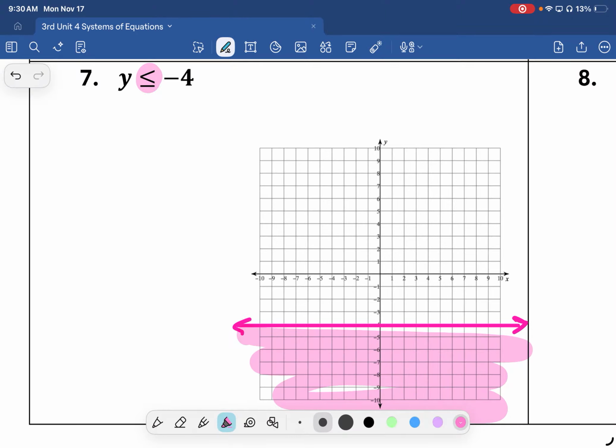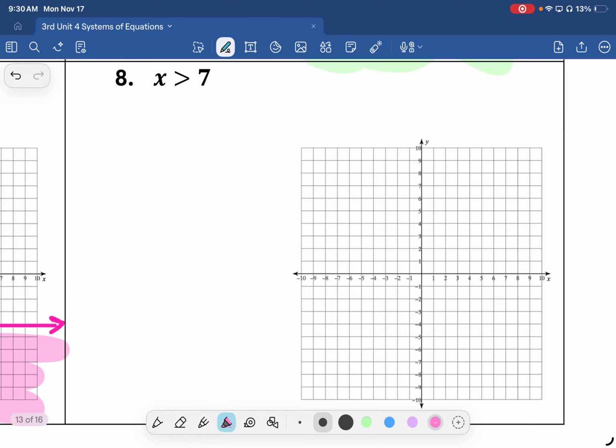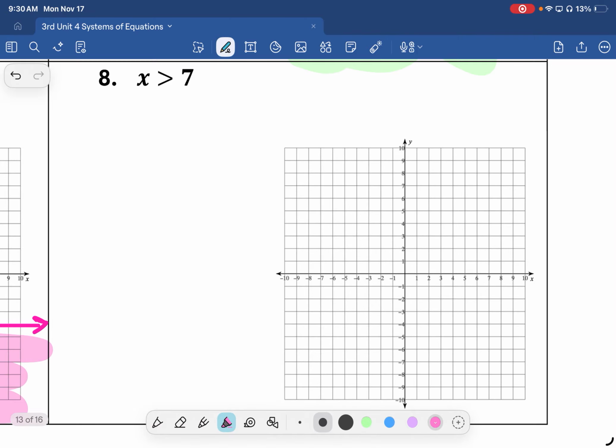Now, we're going to look at number 8. Number 8 is the line x is greater than 7. If we just had x equals 7, is that a horizontal or a vertical line? Vertical. So whenever we look at this, it is greater than. So am I going to use a solid or a dashed line? So at x is 7, we're going to do a dashed line.